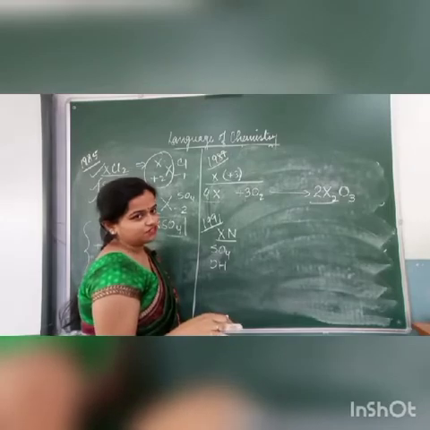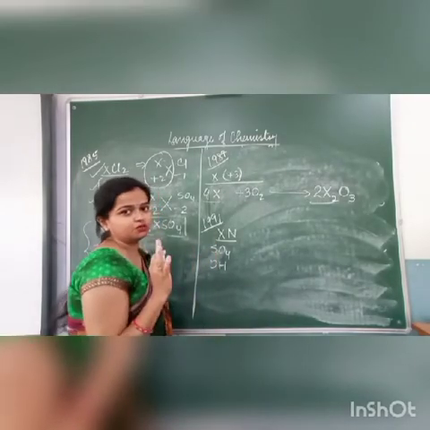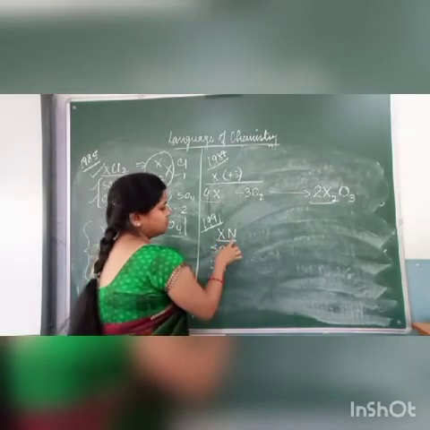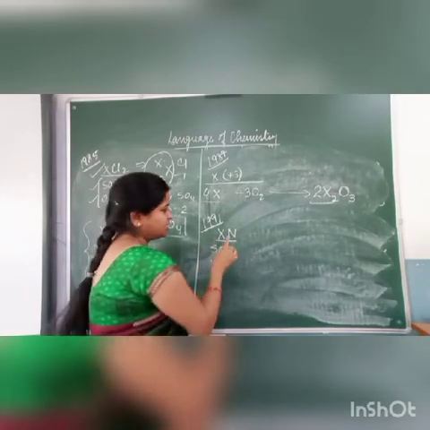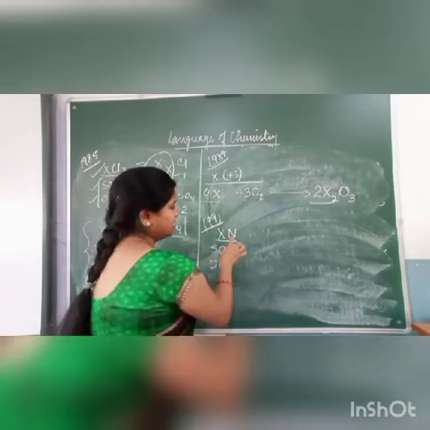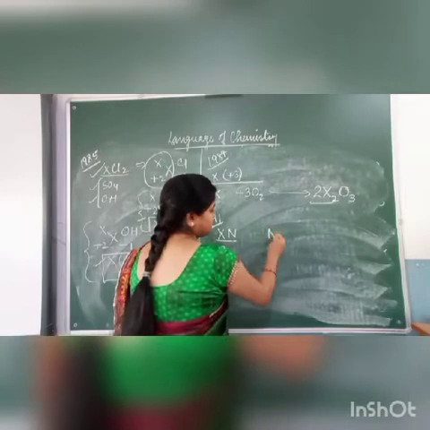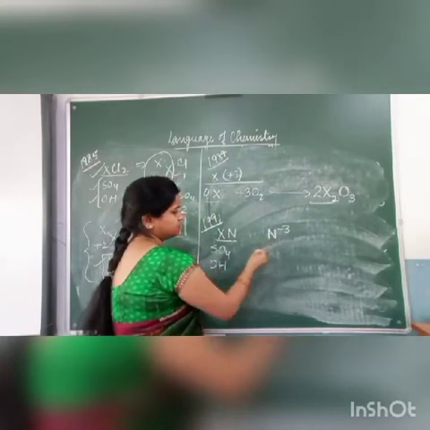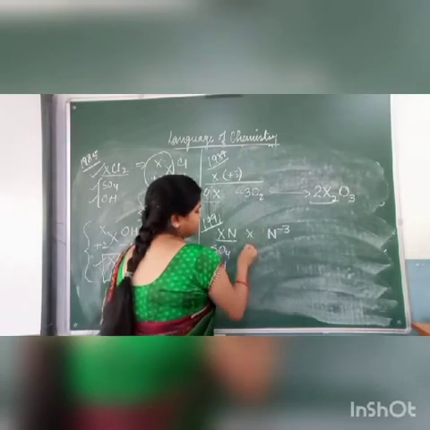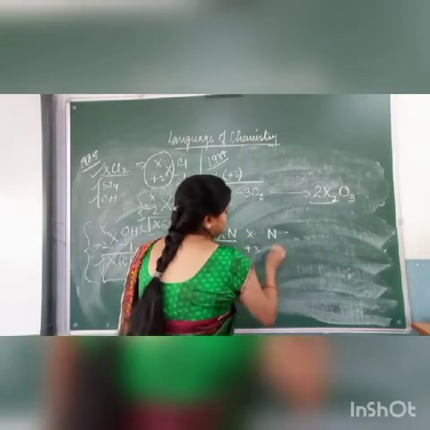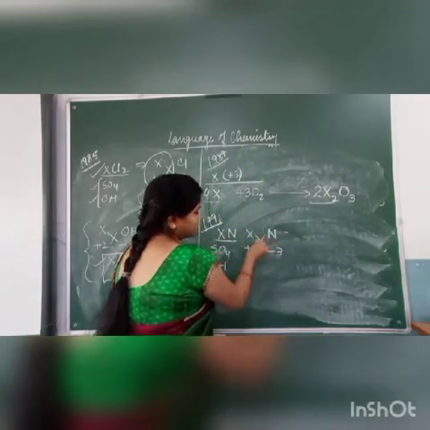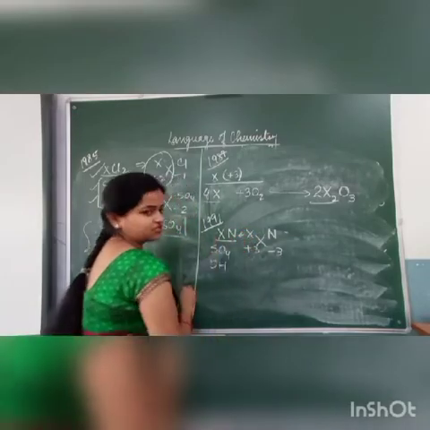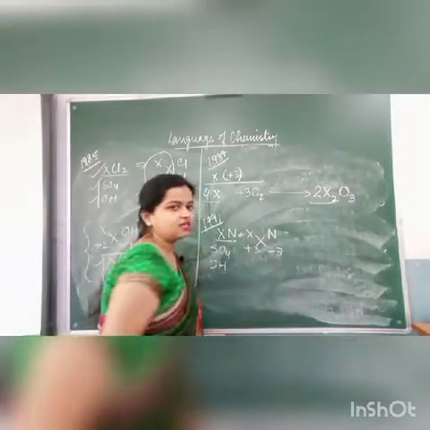When you know the valency, then only you can do it. Now you see nitride of X is given, and we know that nitride has a minus 3 charge. If nitride has minus 3 charge, then X will have plus 3 charge. That is why when they both combine, the formula becomes this, because they both cancel out.